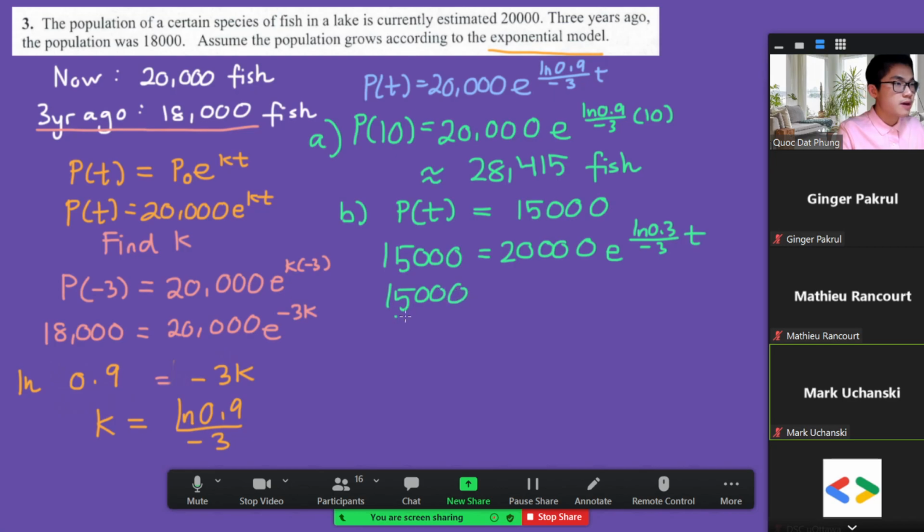So this divided by 20,000. Oh, this is 9, by the way. I wrote the wrong number. So this is 9. Divided by negative 3 times t. So this right here, that is 0.75. Then we take the ln on both sides.